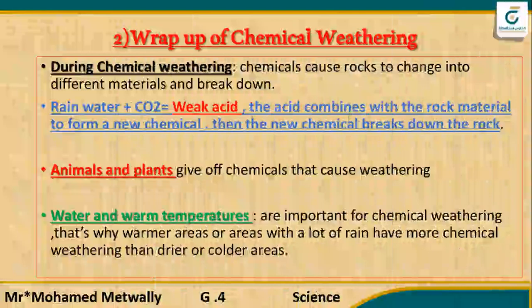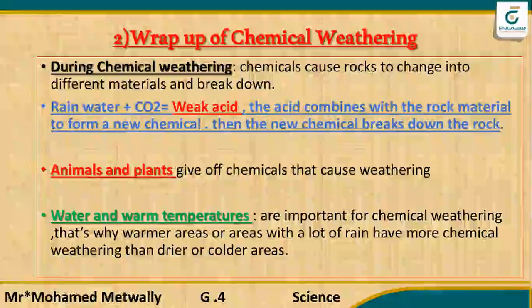Well, so it's clear now to know more about chemical weathering as the last part of our today's lesson. Here is the wrap-up sheet of chemical weathering. It contains the important points of our part, which is chemical weathering.